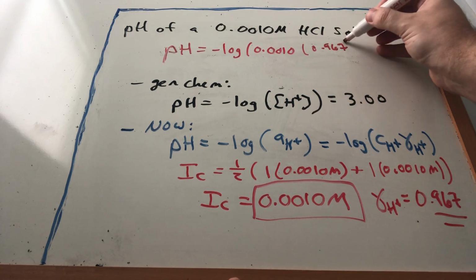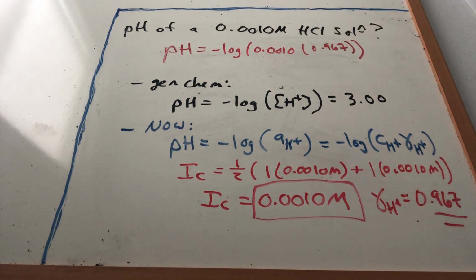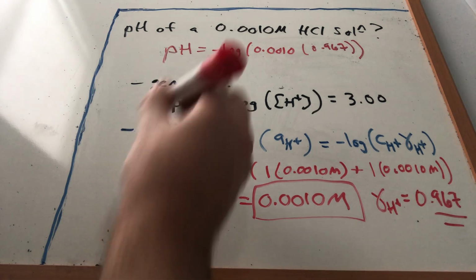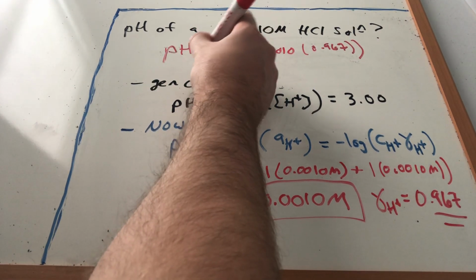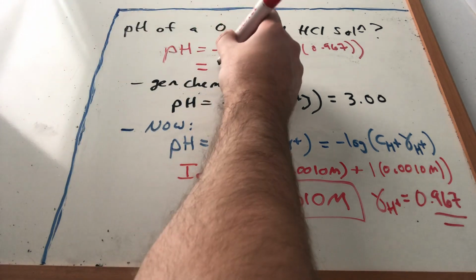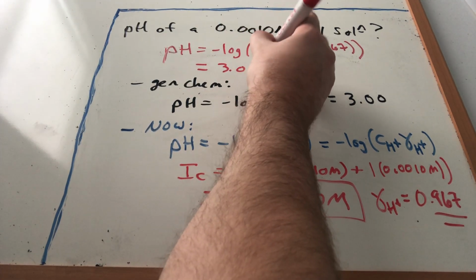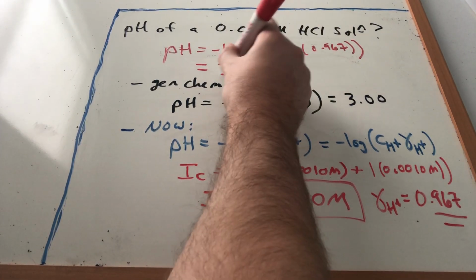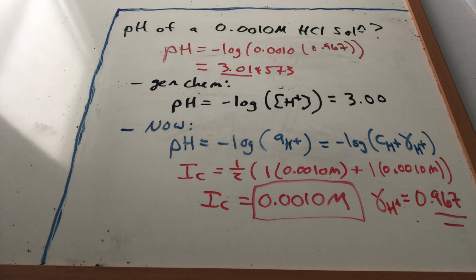Remember, you drop units whenever you're doing these logs. You know that the pH is going to come out unitless. And what I get for this pH is 3.014573, which is based off the activity.